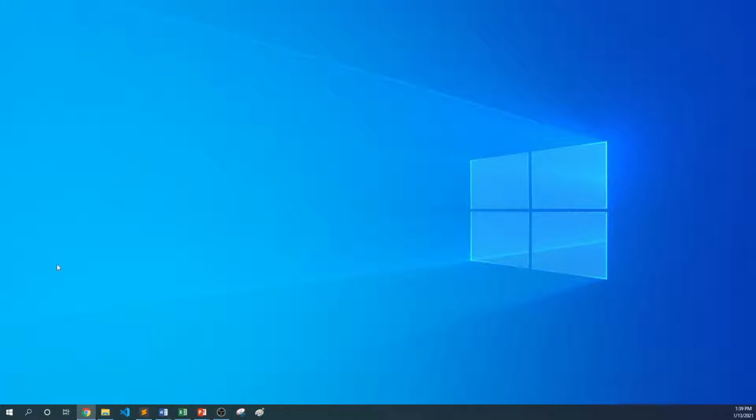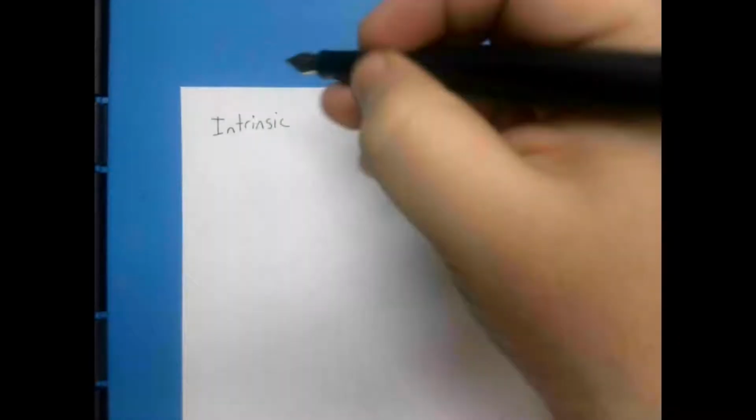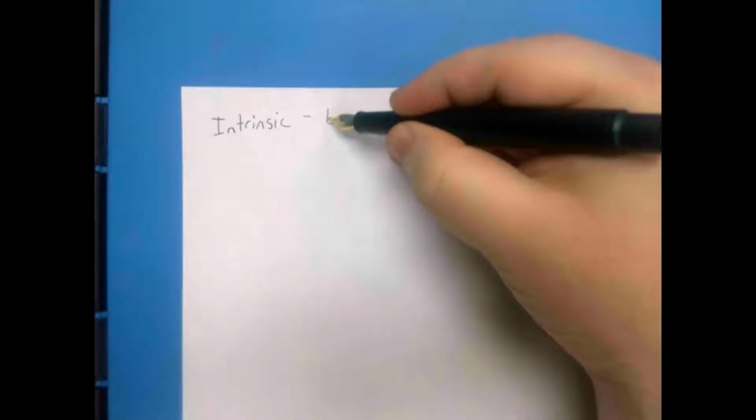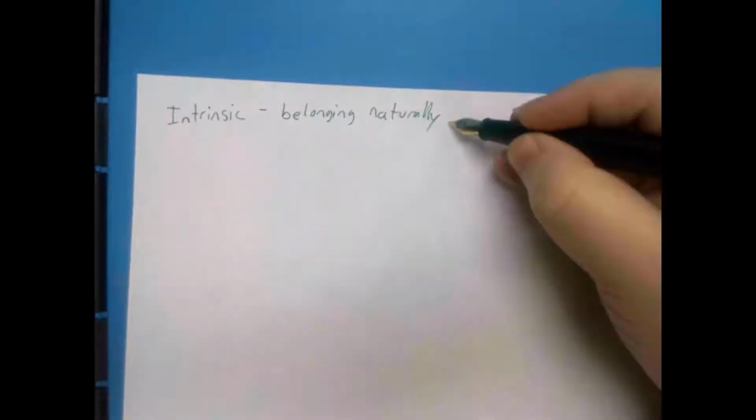Intrinsic: belonging naturally. Are essential.